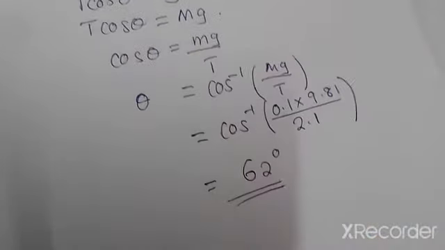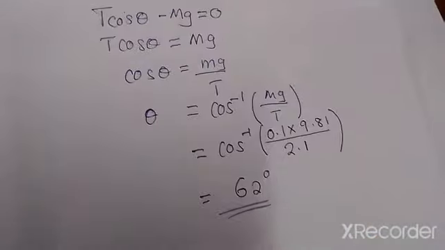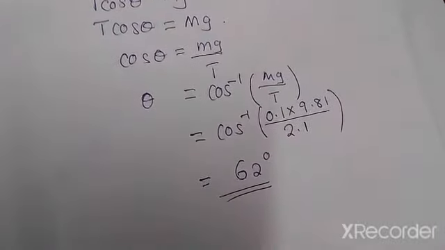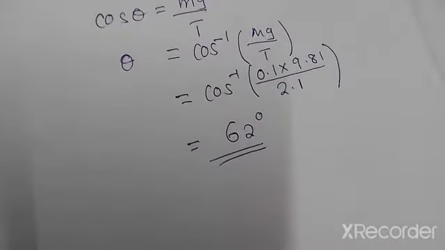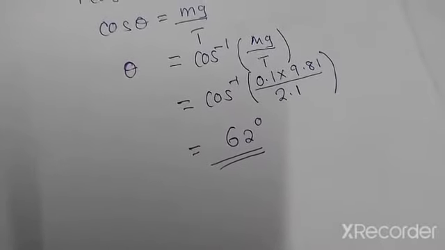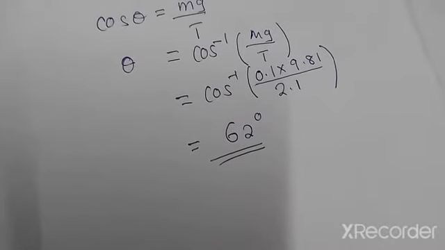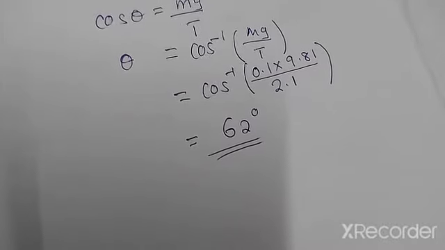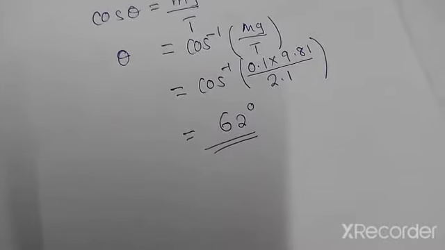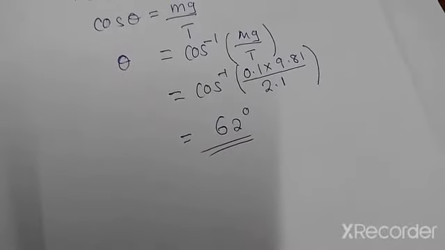Okay? So that's what we have there. That's the answer. That's the angle that it makes with the vertical. So we've calculated two things. We've found the tension in the string, which is 2.1 newtons, and we've also found the angle that the string makes with the vertical, and that angle is 62 degrees.